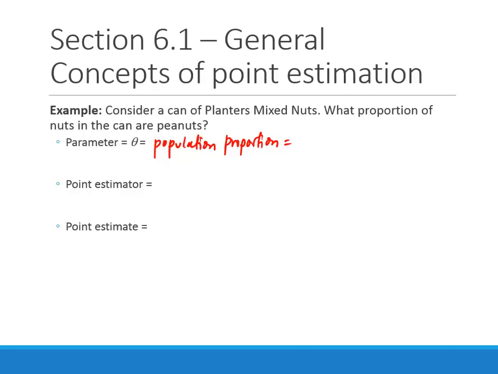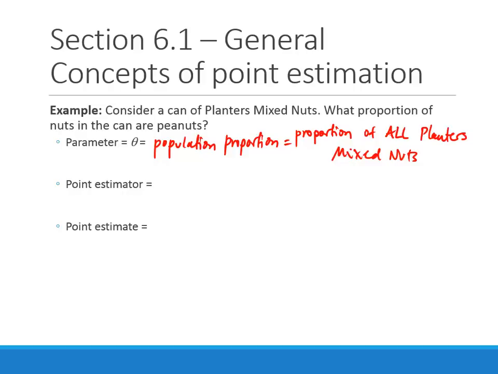What I mean by that is the proportion of all Planters mixed nuts. If I could somehow get every single container of mixed nuts and see the proportion of all those that are peanuts, then I would know what this population proportion is. That corresponds to all Planters mixed nuts.